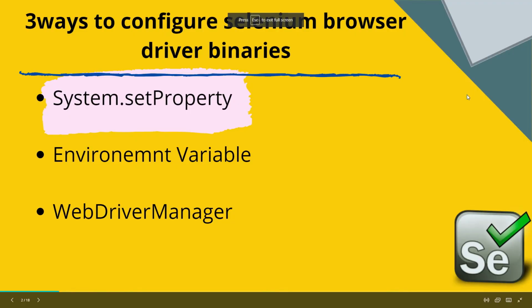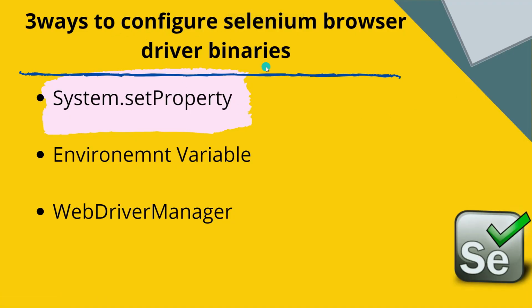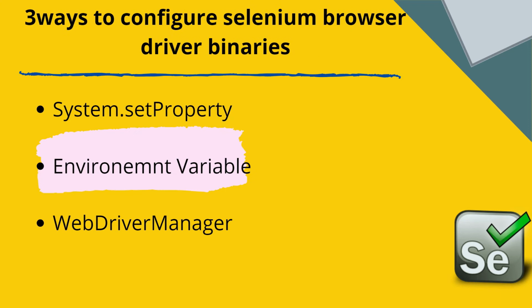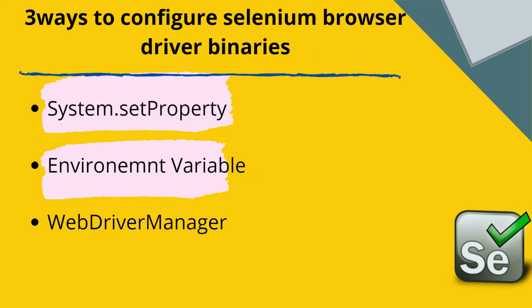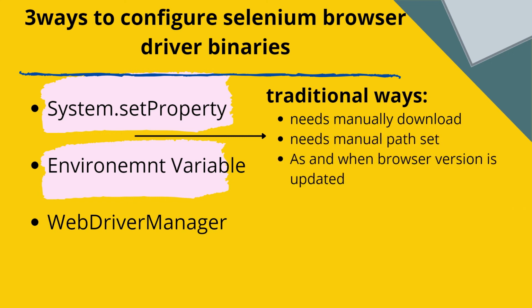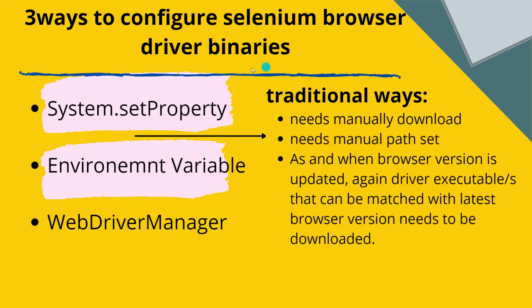Till now we have discussed two different ways to configure Selenium browser driver executables or binaries, that is using system.setProperty and through environment variable. Both these methods are considered traditional ways because they need manual download of browser drivers, and also the automation tester needs to manually set the path of the drivers.